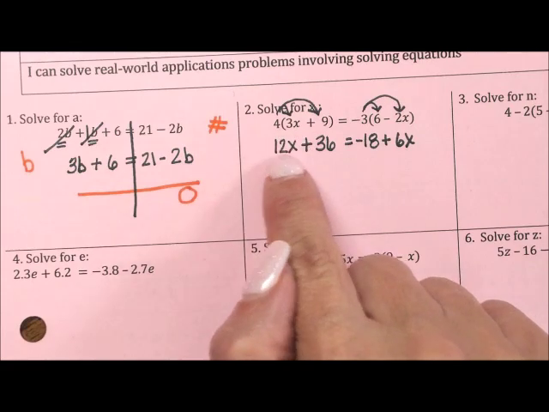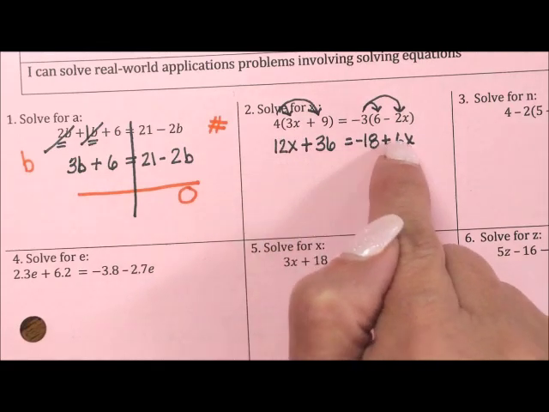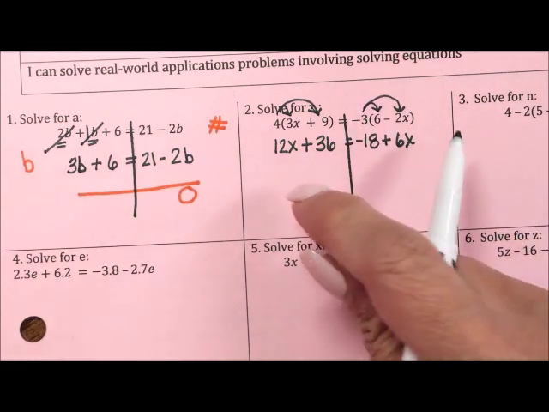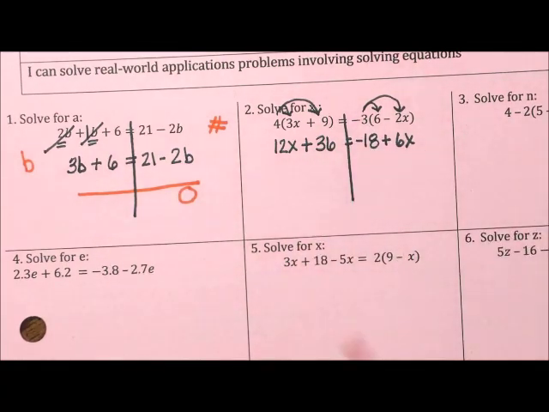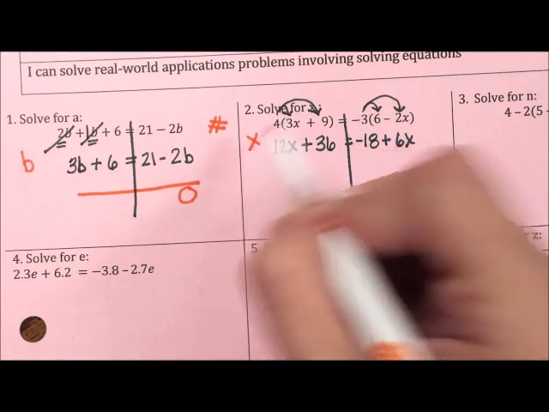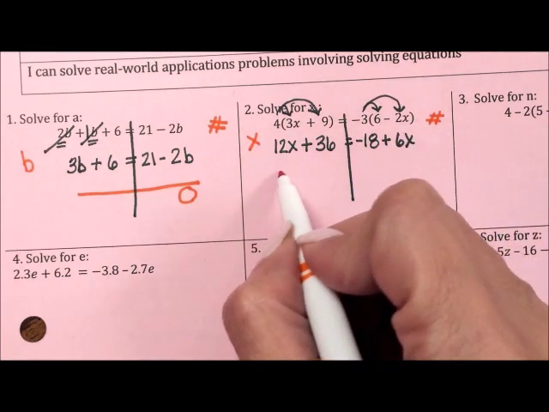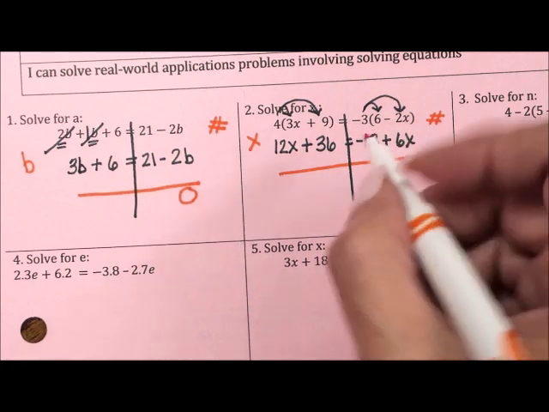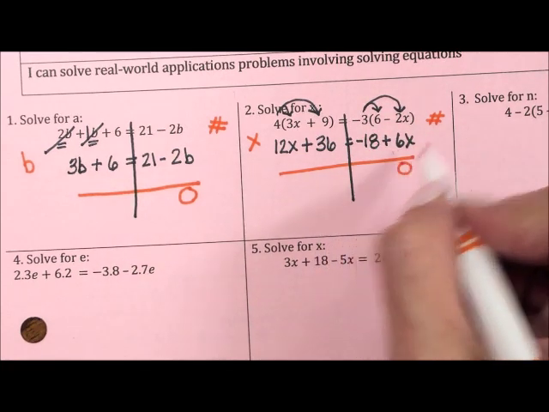I'm going to count. Ooh, this only has 2 terms. This has 2 terms. That means when I go to solve this, I don't have any like terms. So I'm just going to draw my line, and I'm going to remember what my x is on the left and my numbers on the right. All right, I'm going to move. Sorry, my marker's like, wow, it's coming for you. Okay, I want to get a 0 here.